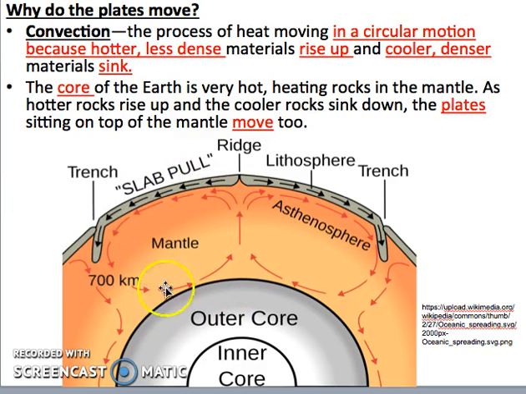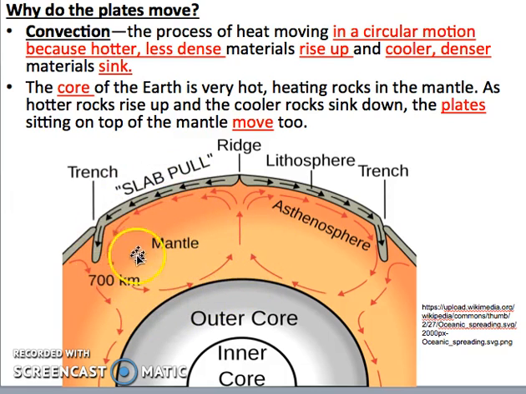It happens because as there's heat from the core heating up the mantle, the hotter rocks will tend to move up because they're less dense, and then as they're up here, they cool down, and cooler things tend to sink down because they're more dense. So that causes the cooler rocks to move down, and then it gets heated up again, and then the cycle continues. So remember, that's convection.